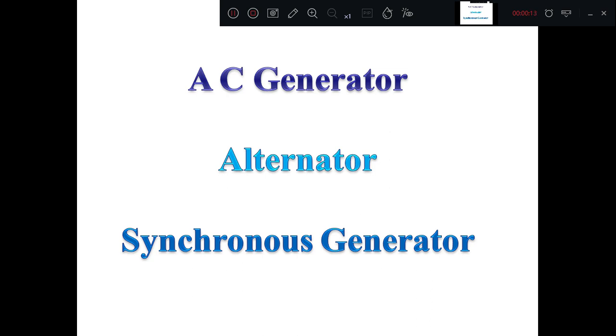AC generator, also called an alternator and synchronous generator. An alternator is an electrical generator that converts mechanical energy into electrical energy.